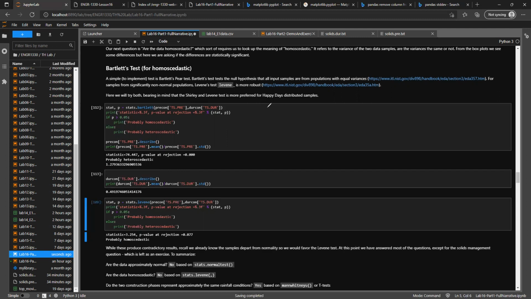So we're taking the mean over the standard deviation. And for one, we get a value of 1.28. For the other, we get 0.49.